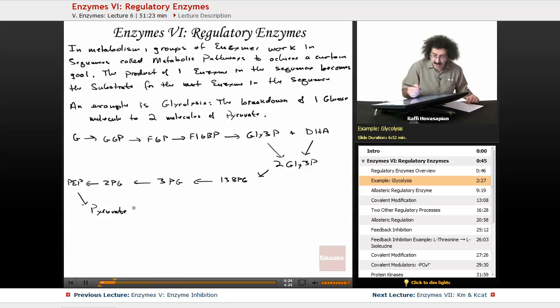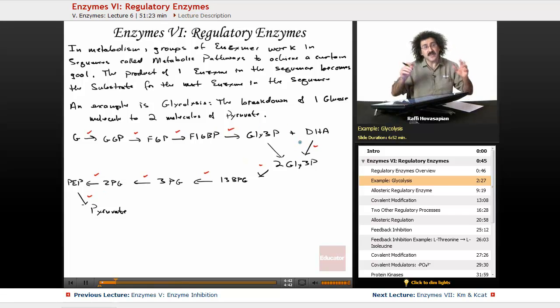So this is a metabolic pathway. It is glycolysis. These are the individual steps, and each step is catalyzed by a particular enzyme, a separate enzyme. Okay, so we have 1, 2, 3, 4, 5, 6, 7, 8, 9, 10 enzymes in this metabolic pathway. One or more of these enzymes is going to be a regulatory enzyme.